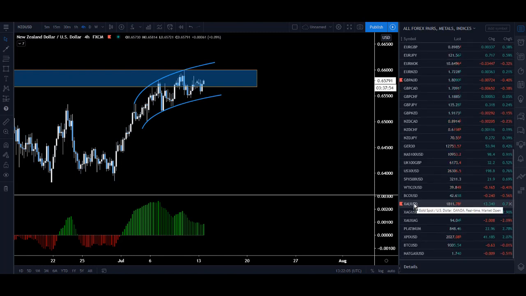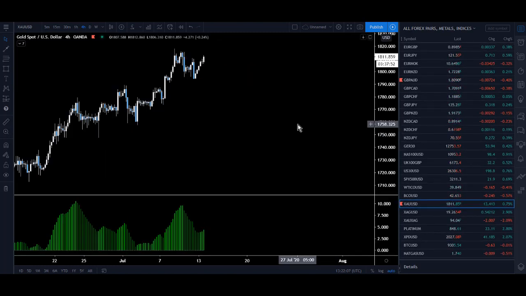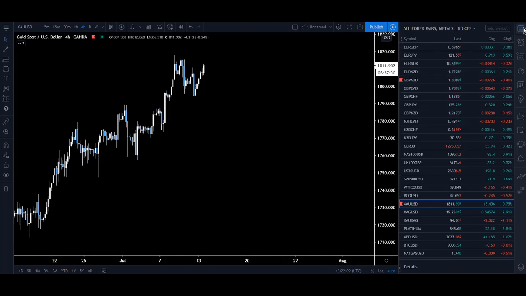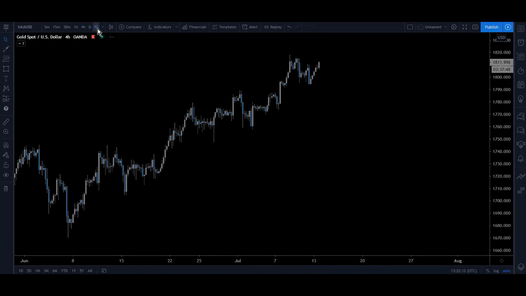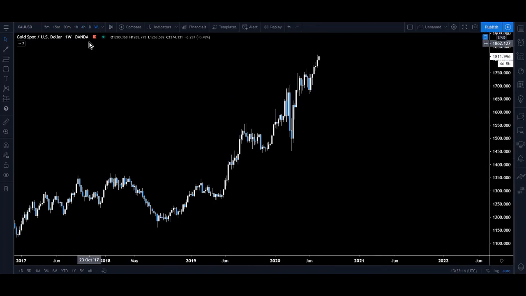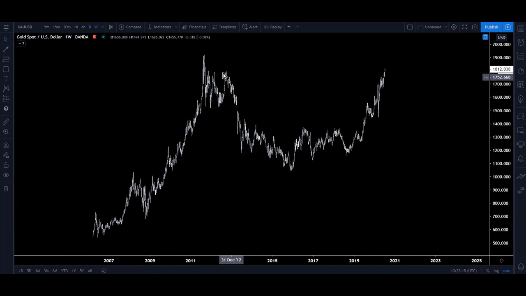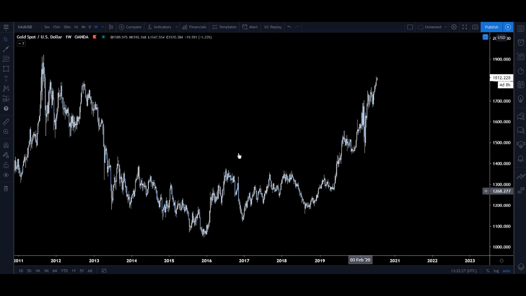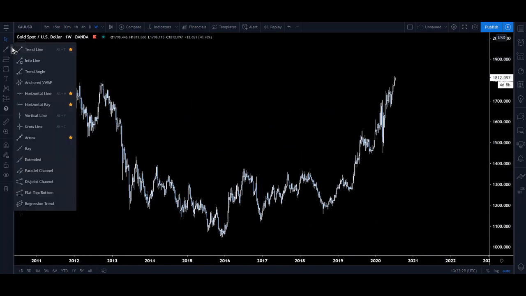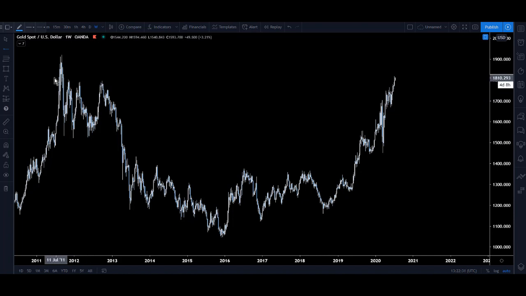And finally we'll have a look at gold. Gold is in a really interesting area, because if you scroll back, you do have to go back to 2011, 2012, so quite a while since price for gold has been this high.